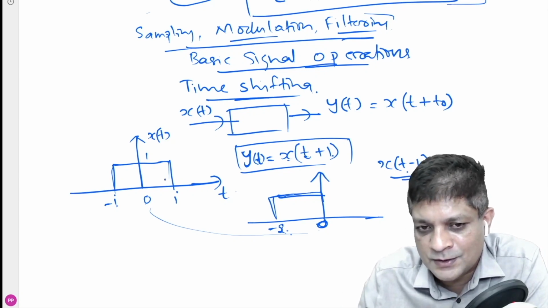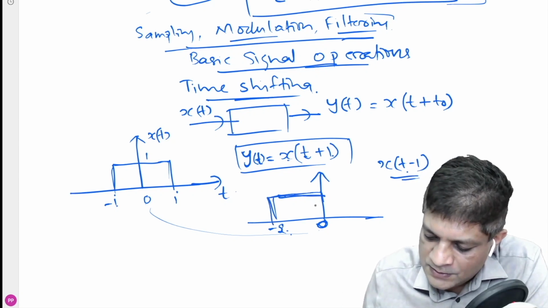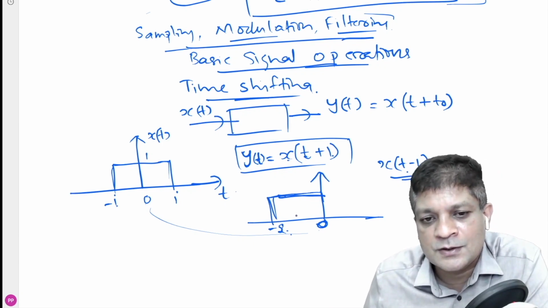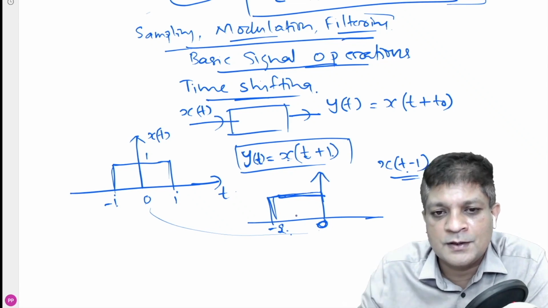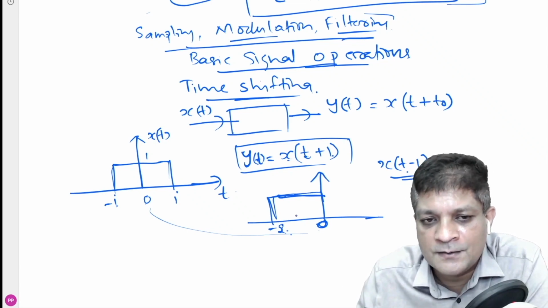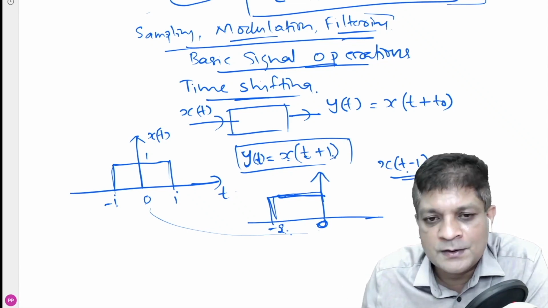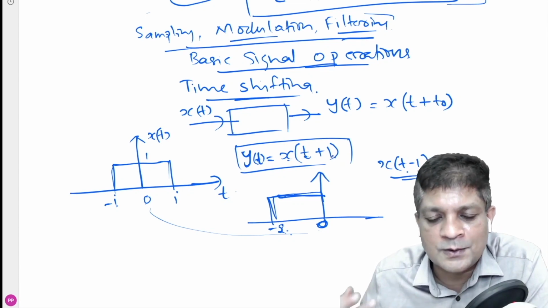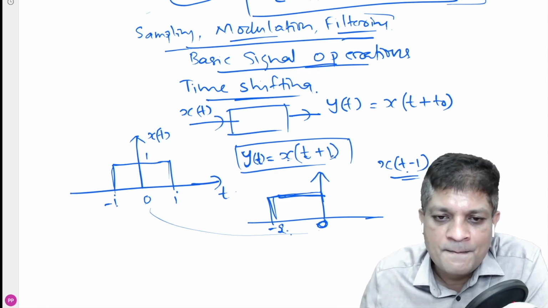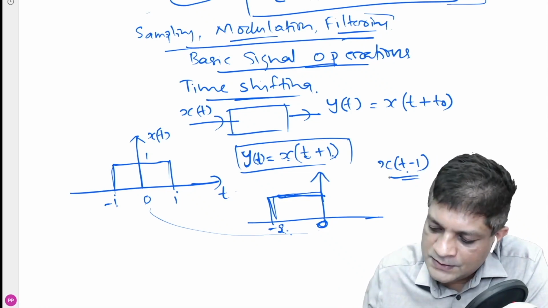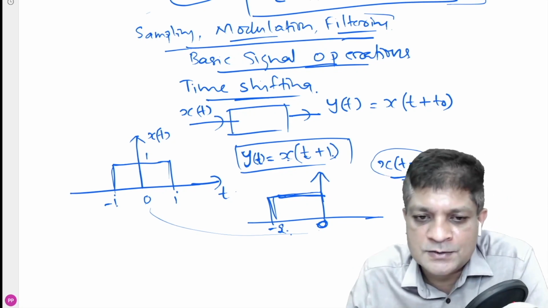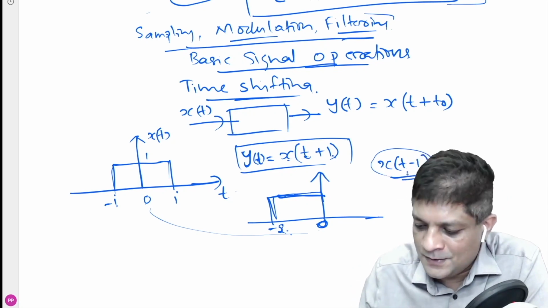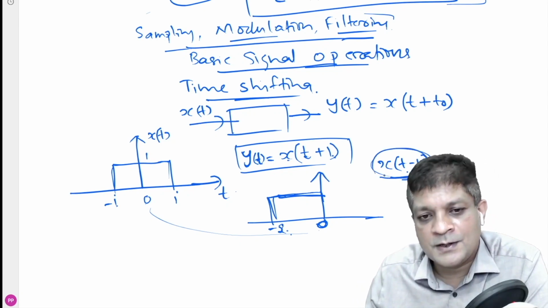There is a switch. Shifting it left by 1 means we are closing the switch 1 second before the earlier time. Yes, sir, t plus 1, we are closing that switch early. And x(t - 1) means we are delaying that switching operation, isn't it? Yes, sir, t minus 1.